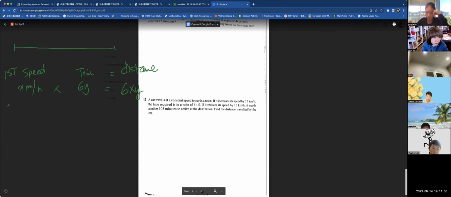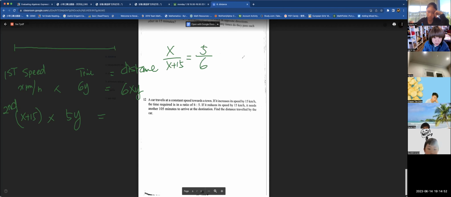So the second time we use x plus 15 times 5y equals this one, right? But you know that these still equal the same thing. So x to x plus 15 equals 5 to 6, so that's why we find out x equals 75.